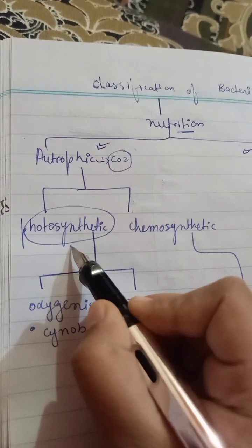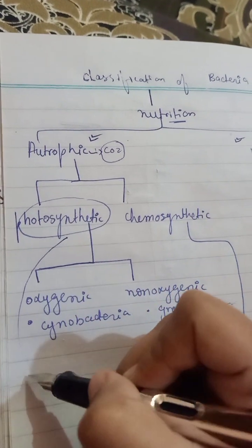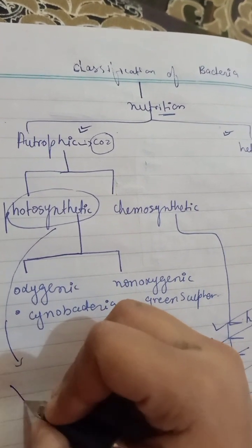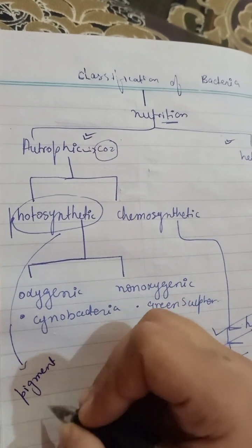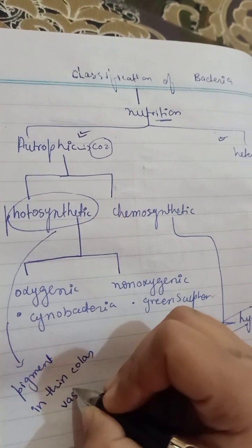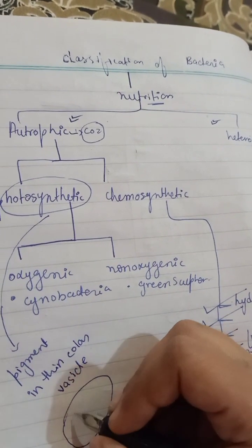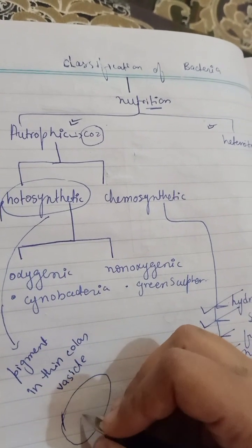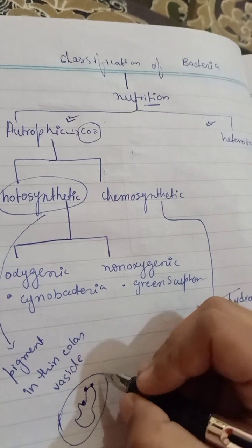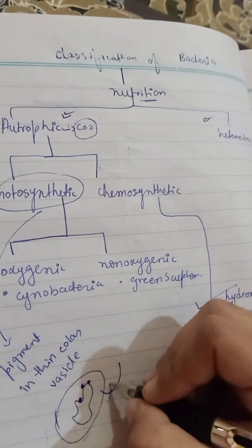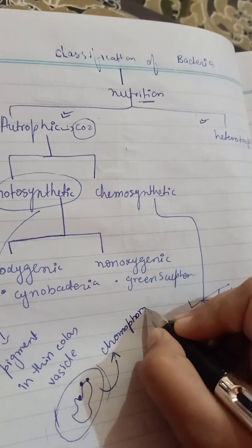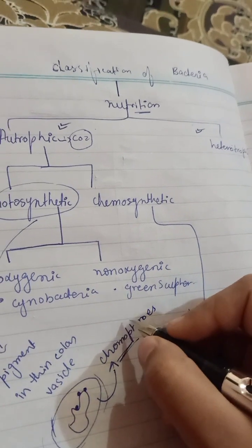All the photosynthetic bacteria contain a pigment in thin colored vesicles. For example, this is the bacteria, and they have vesicles with color pigments. This infolding we call chromatophores, and it works in photosynthesis.